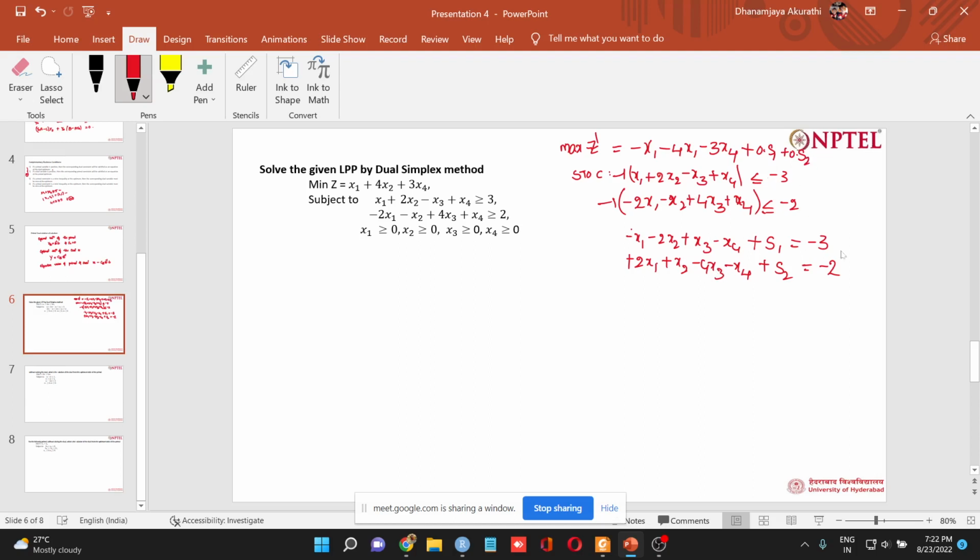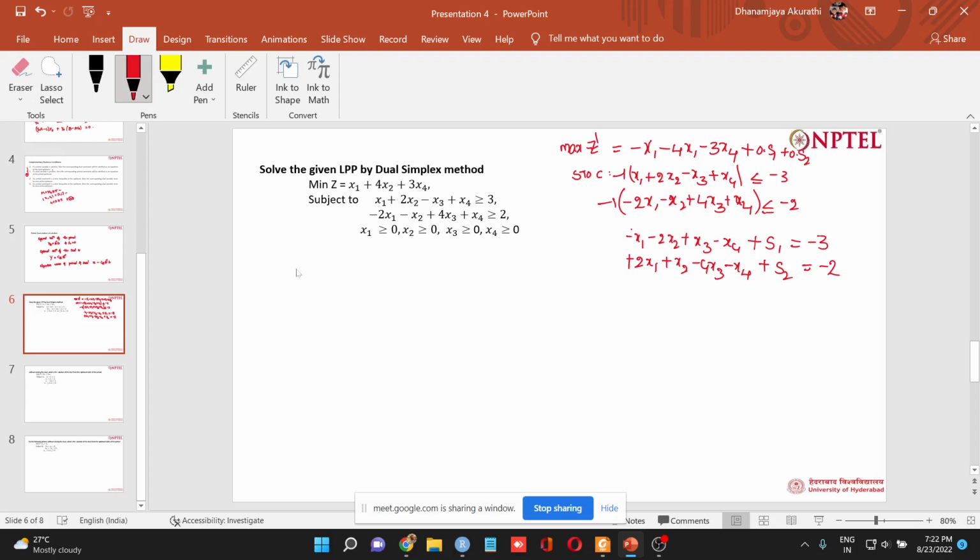It is the standard form of LPP. Here you can observe that in the initial basic solution, the RHS values involve minus signs. So in this case, we use this dual simplex method.